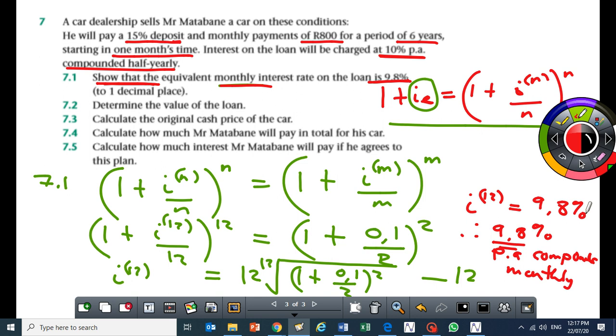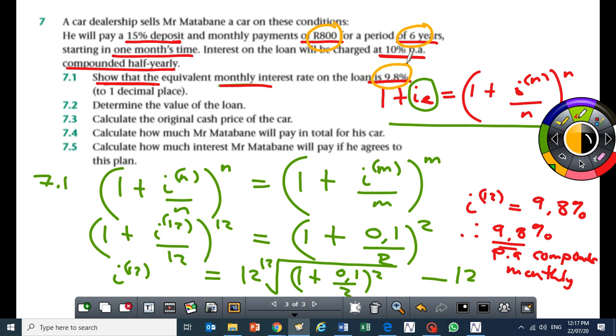Now, to get the value of the loan, we have to use the present value annuity formula. So, we are going to need the monthly payment. We also need the duration, that is where we get the n, right? And we are going to need an interest. So we are going to use those three.